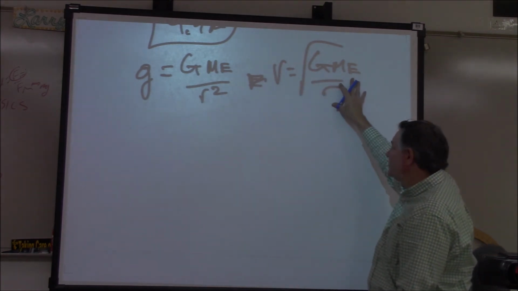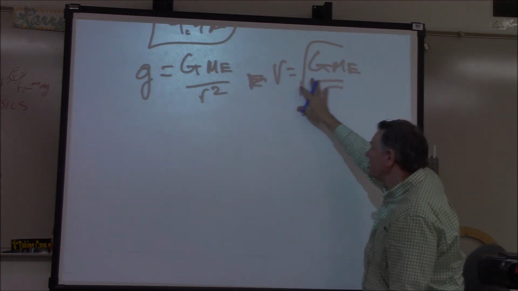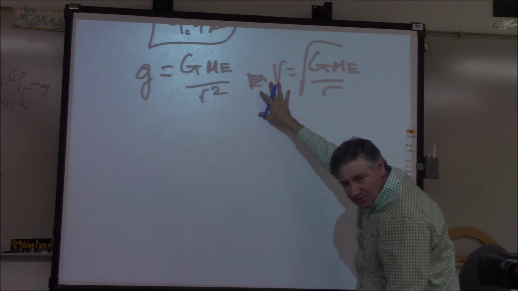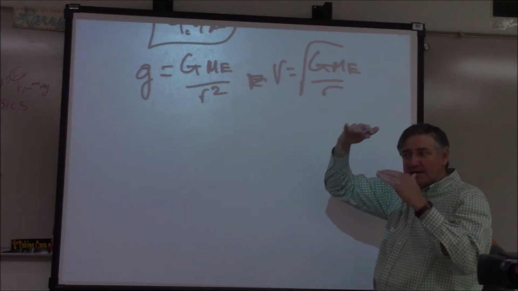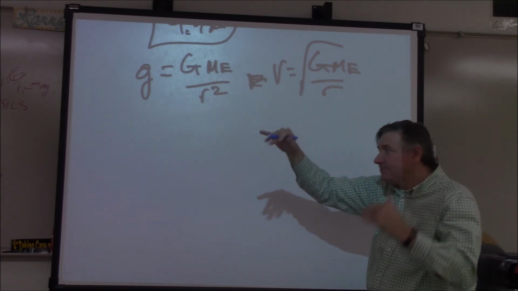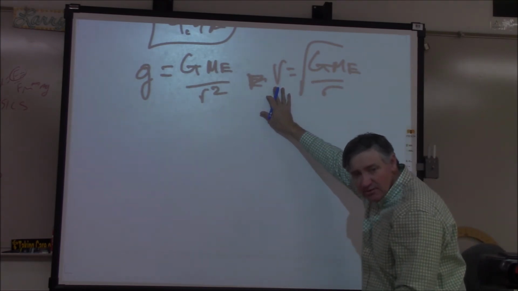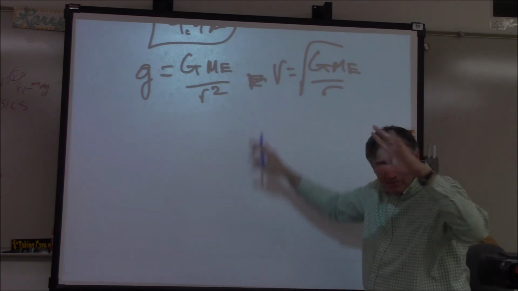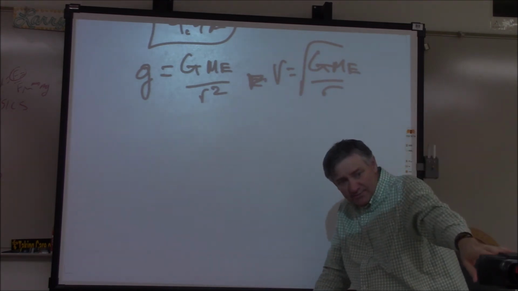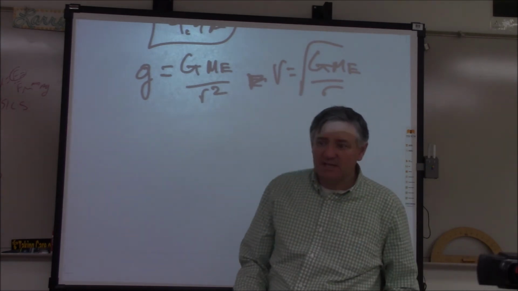If you increase the radius in this equation, the velocity becomes slower. So what this means is if you bump a satellite into a higher and higher orbit, it's going to go slower and slower and slower. So the further you are from the Earth, the slower the satellite's going to move. Okay? It's a key thing to remember.